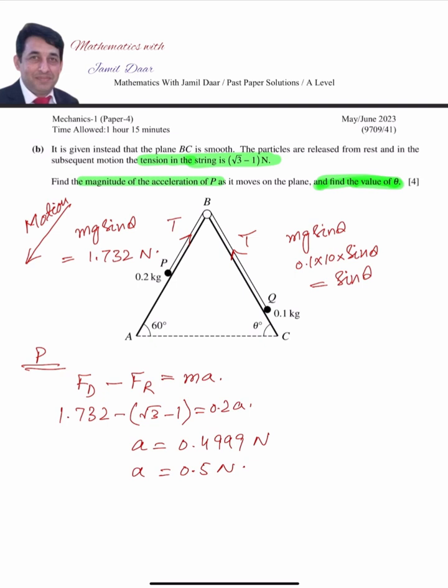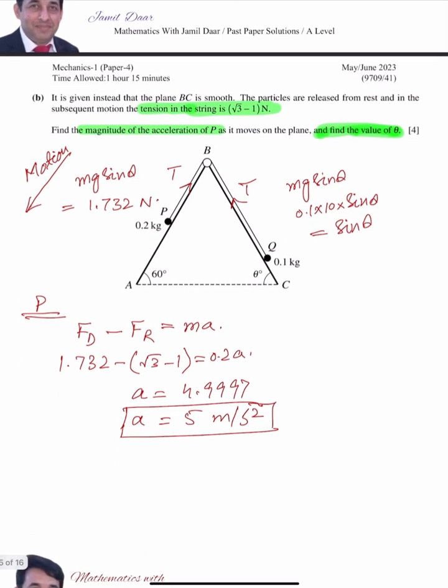So this will be 4.99, okay, this will become 5. Acceleration is, sorry, not Newton. The time is midnight, so I think I'm feeling sleepy. Okay, I'm making mistakes. 5 meter per second square.